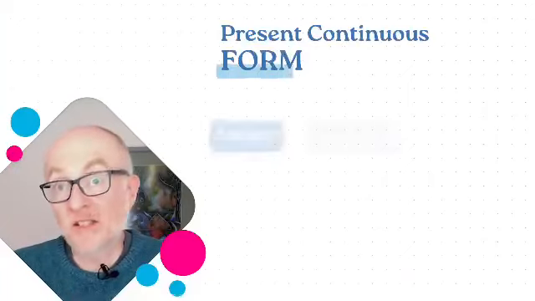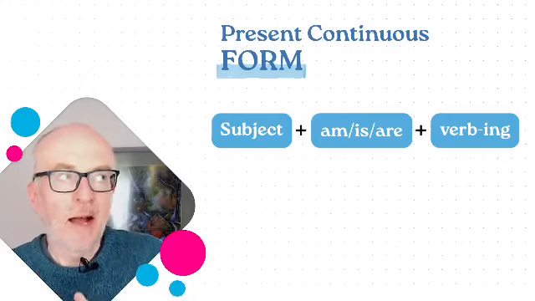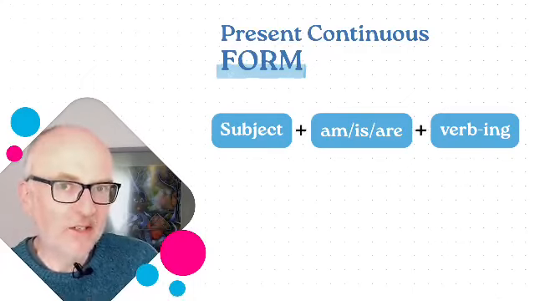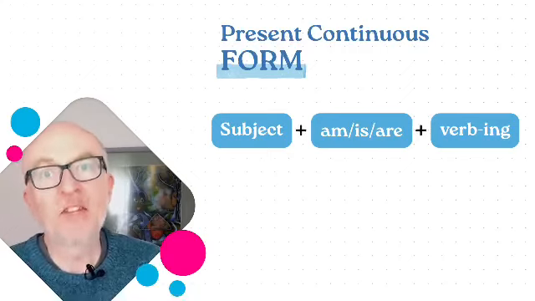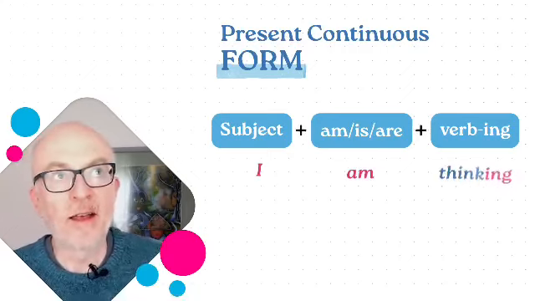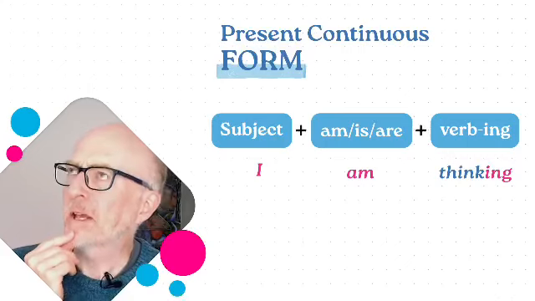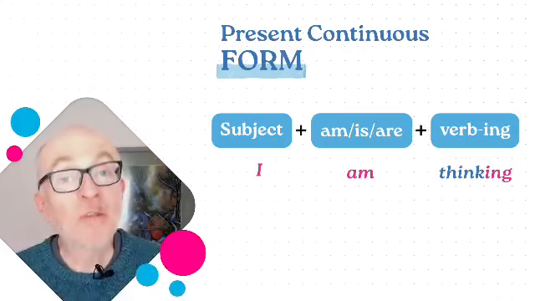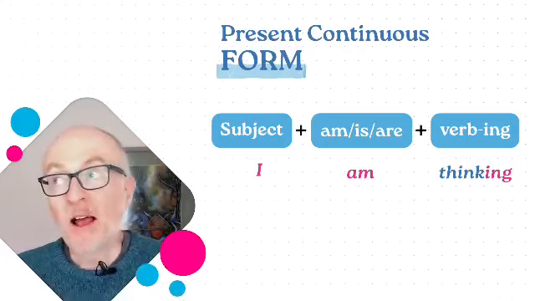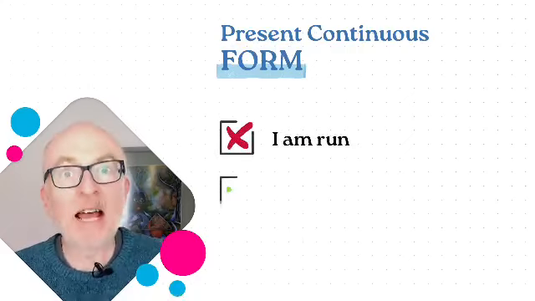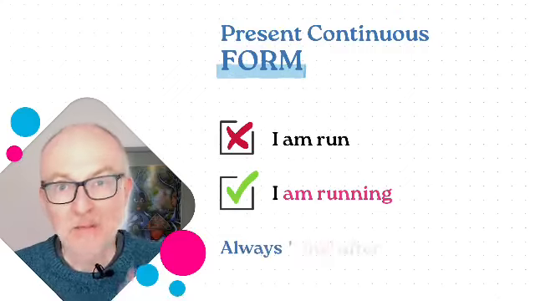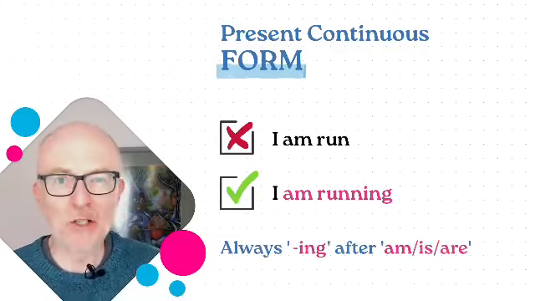The form is the subject plus am, are, or is, and then the verb with ing in the gerund. I am thinking. Common mistake is people say, I am run. No, now I am running. Remember the ing in the gerund.